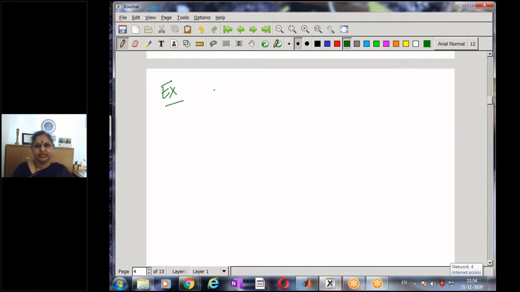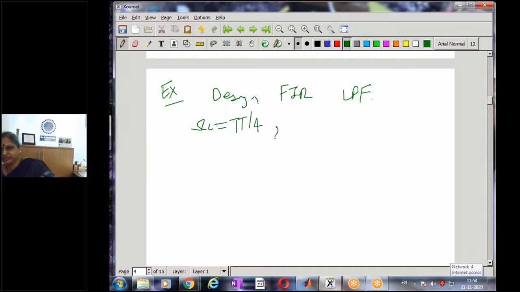We consider the aim is to design an FIR low pass filter with the cutoff omega c equal to pi by 4, and as usual we shall take a small length to start the problem. So we have N equal to 7.